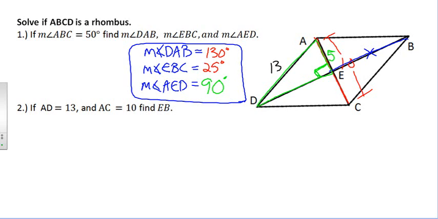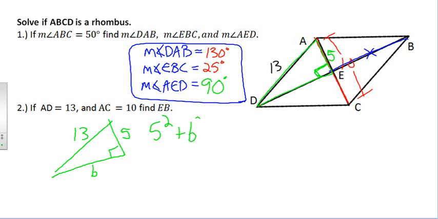So if I redraw that right triangle, I have a right triangle with a leg of 5 and a hypotenuse of 13. I want to figure out what the other leg is. Well, I can do 5 squared plus b squared is equal to 13 squared, by the Pythagorean theorem, because the 13 was my hypotenuse. When I evaluate that, I can solve for b.